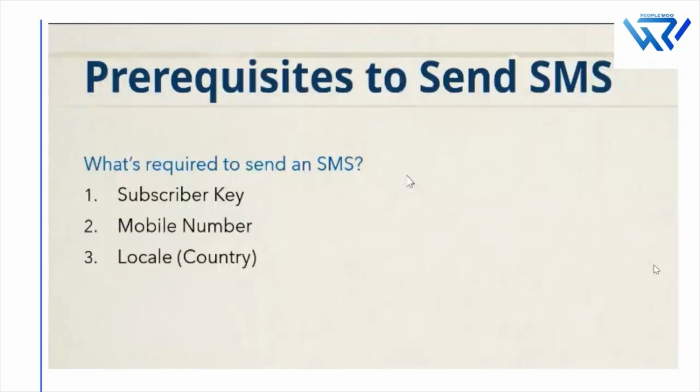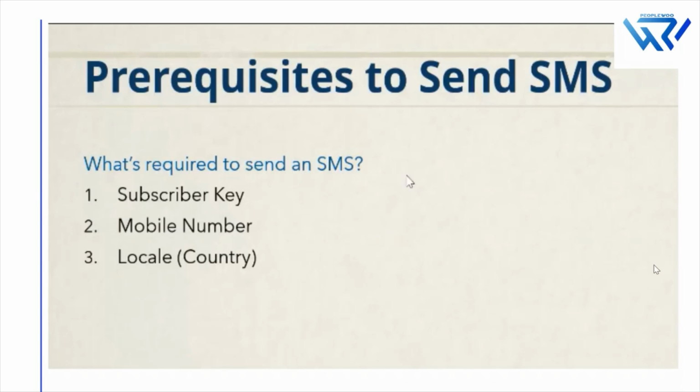Commercial and transactional. But before we go and send any SMS, there are some prerequisites which we have already discussed in the last class. The data extension should be sendable in nature. The data extension should contain a subscriber key.